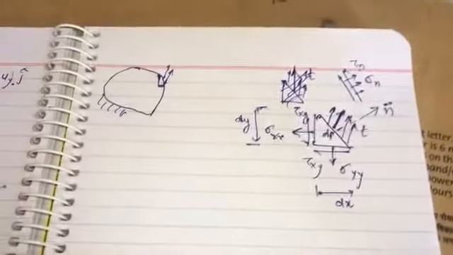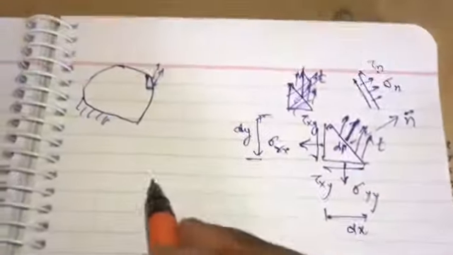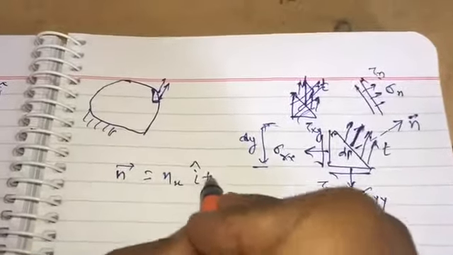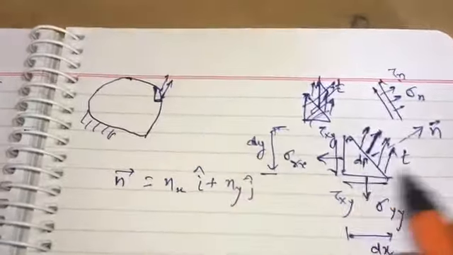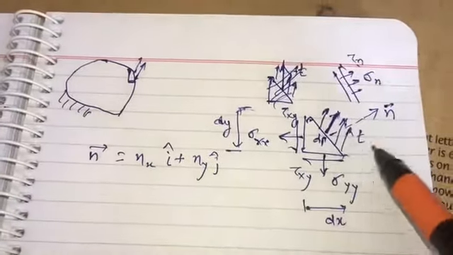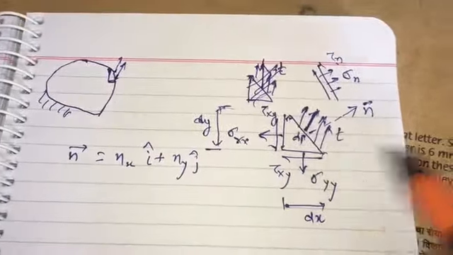Okay, now given n we can also write n equal to nx i plus ny j, and n is a unit vector perpendicular to the surface here.